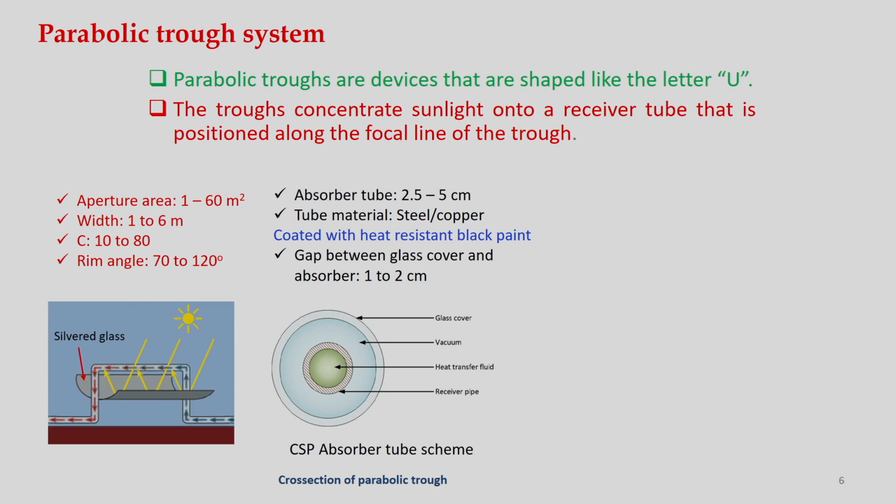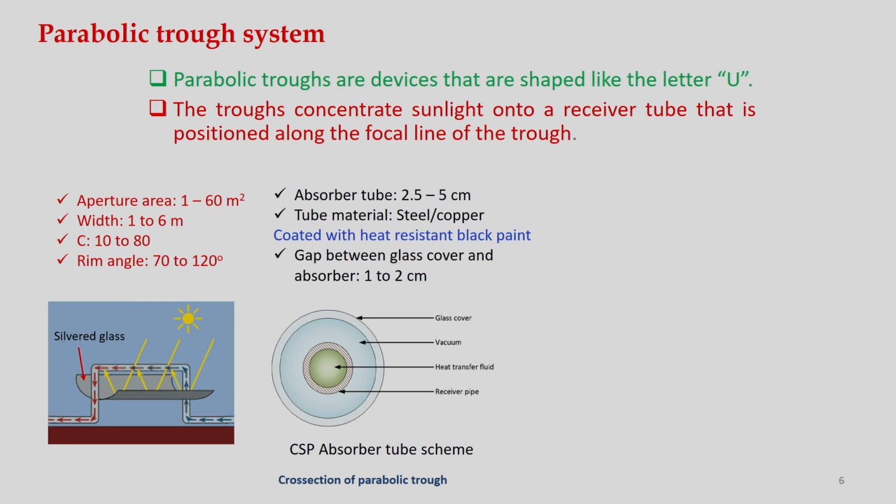These parabolic troughs are devices that are shaped like the letter U. The troughs concentrate sunlight onto a receiver tube that is positioned along the focal line of the trough.